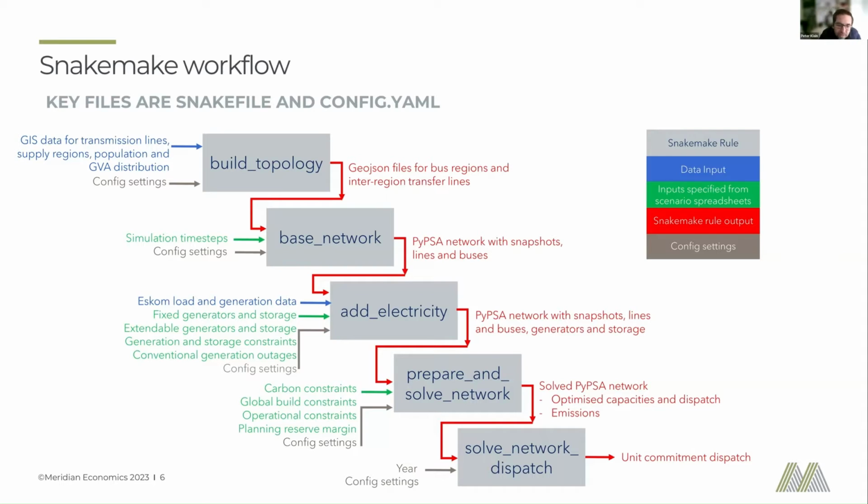But another useful function that PyPSA has is a linearized unit commitment. So instead of, for example, if you have a generator that's on or off represented by 0 or 1, instead it can vary anywhere between 0 and 1. And we actually find that linearized commitment is quite useful if we're not modeling at a unit level.